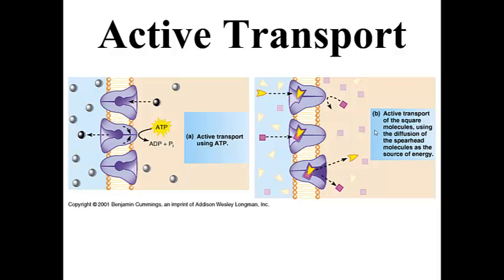So some molecules can use the shape of another molecule in order to get in, and that's what this diagram is showing. Spearhead comes in, rectangle or square comes in, they bond, flip the protein around, and then the two can come out.